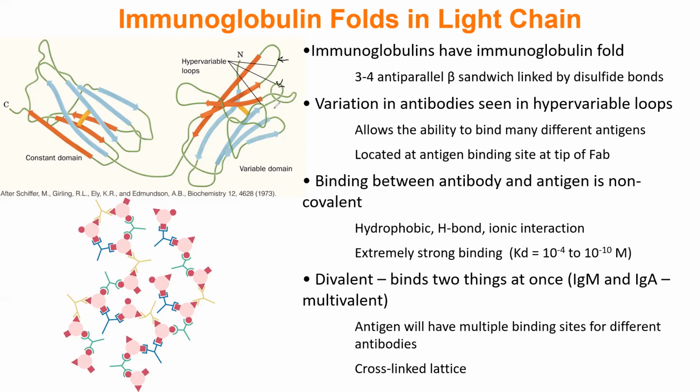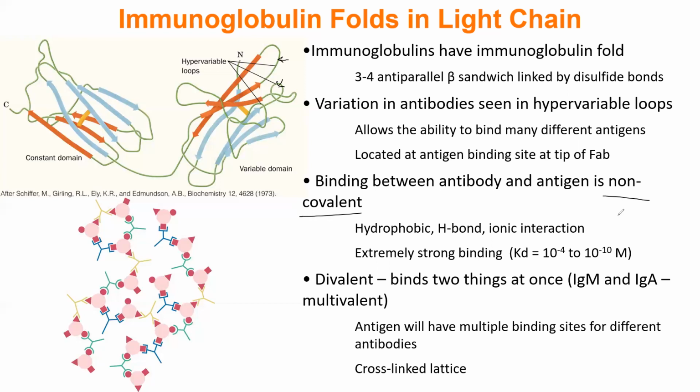These are what are binding to your antigen. And it's all non-covalent, as we already talked about with the power stroke. Anytime you're making interactions between proteins, it's almost always going to be non-covalent. So you're talking about hydrophobic, hydrogen bond, and ionic interactions between your antibody and your antigen.